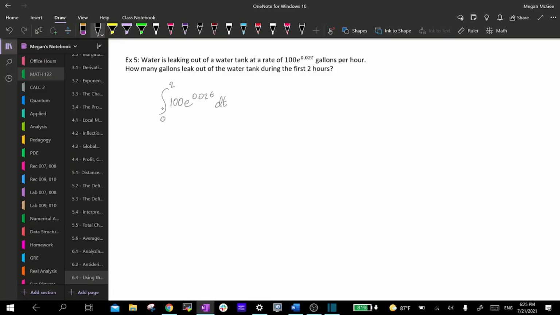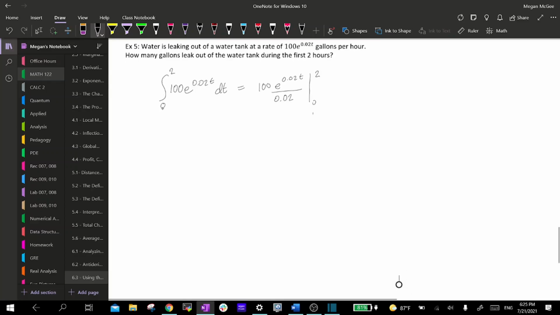All right, so this is going to be an exponential rule, right? So we have e to the 0.02t. We need to divide by the constant that was up here. So we divide by our 0.02, but then we had the 100 that was already there, so multiplied by the 100, evaluated from 0 to 2.